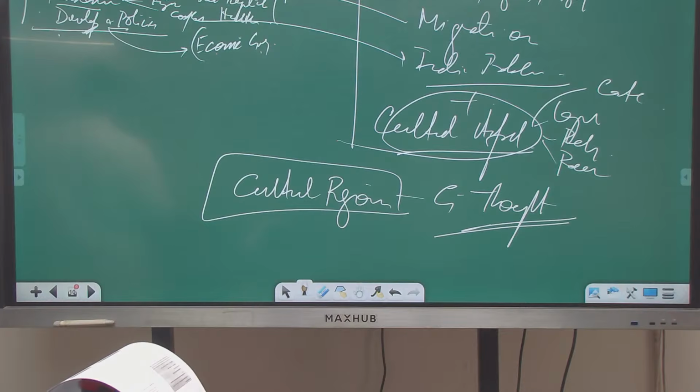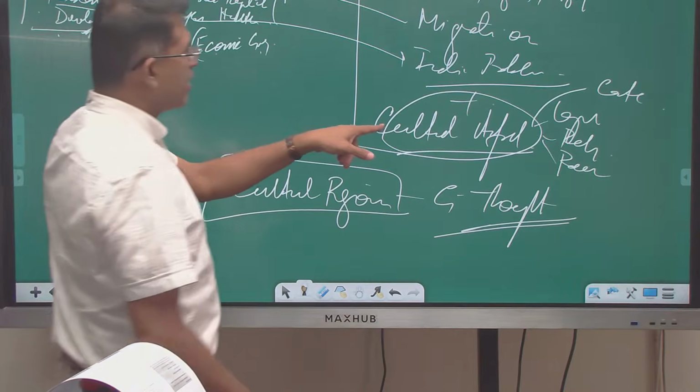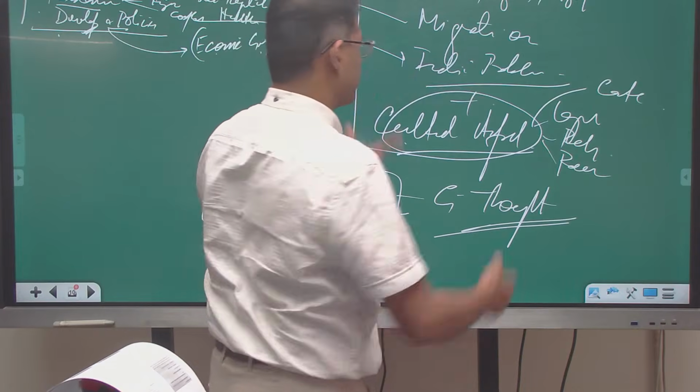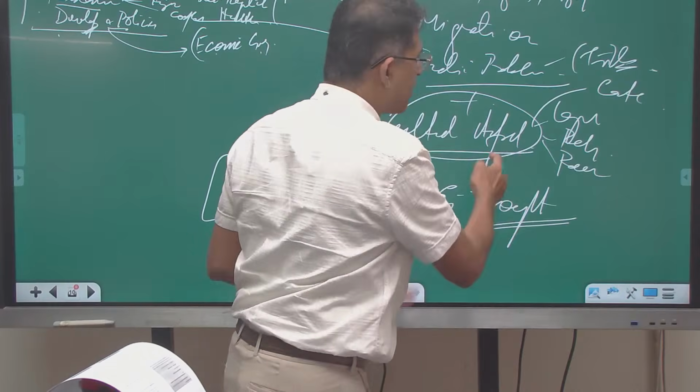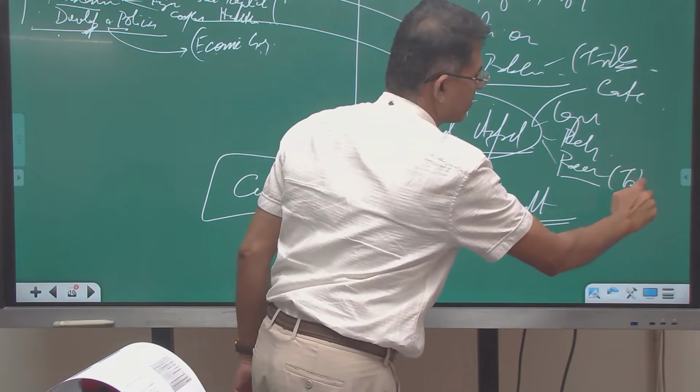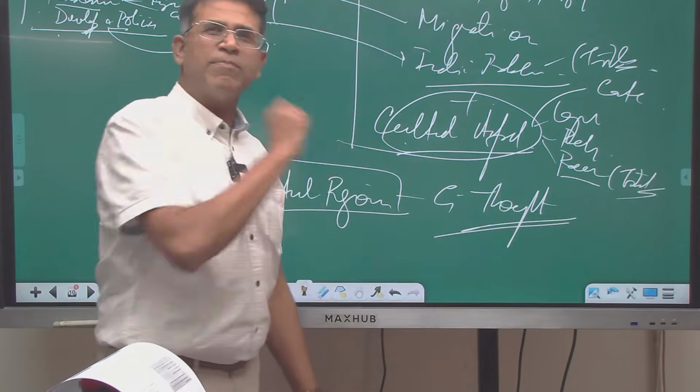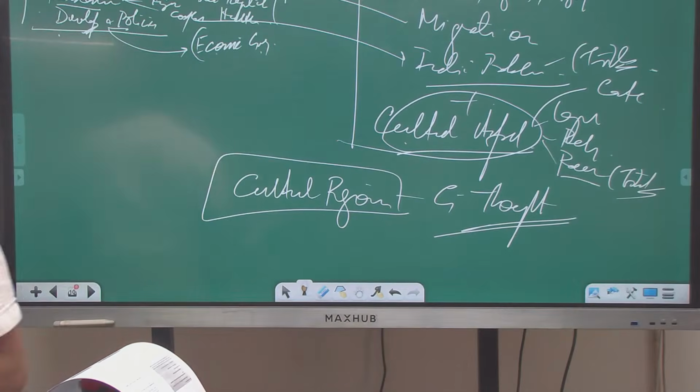And it's a pretty popular question across the years. Cultural regions. Tribes are part of culture. Tribes also part of problems: tribal issues, tribal development. Tribes are part of races. Tribes भी हम पढ़ाएंगे as a part of population geography.